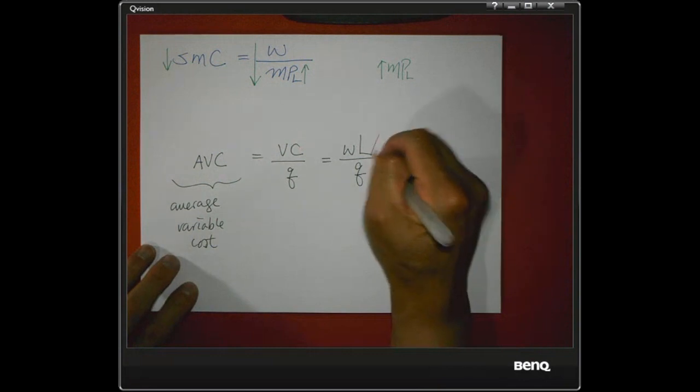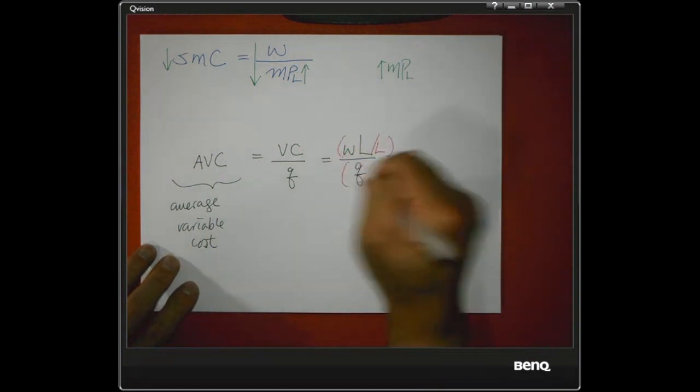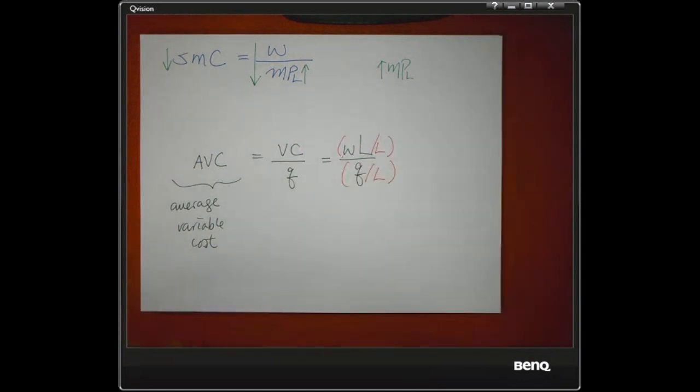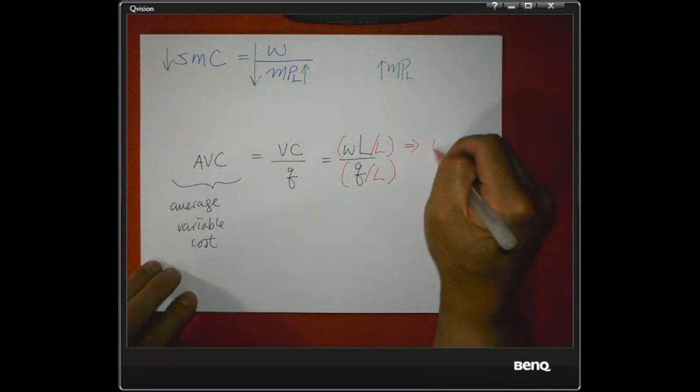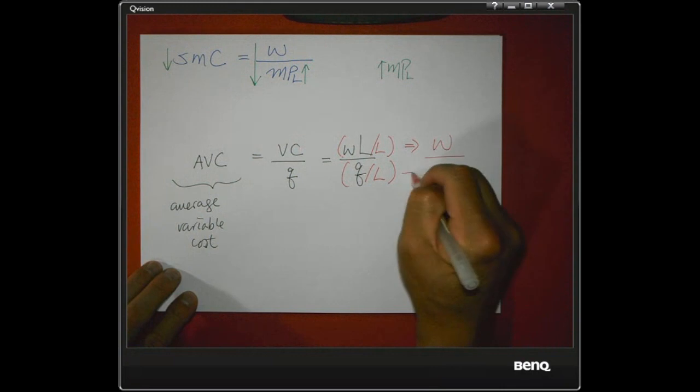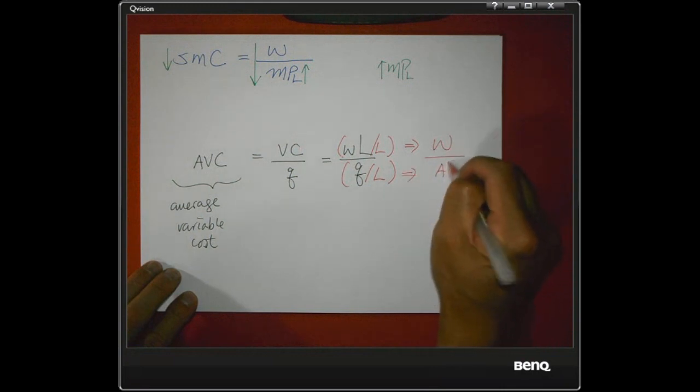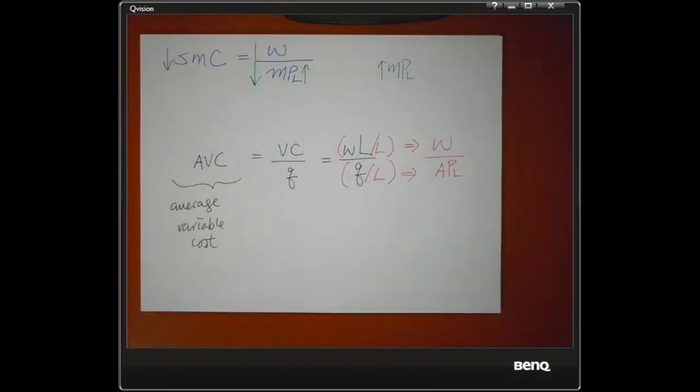And if we divide the numerator by L and the denominator also by L, what do we get? W over the average product of labor.